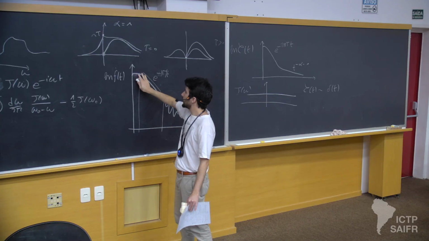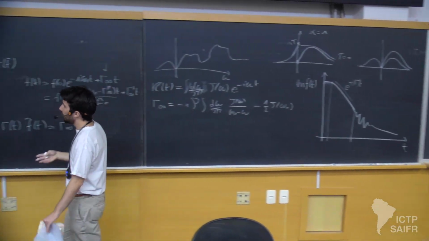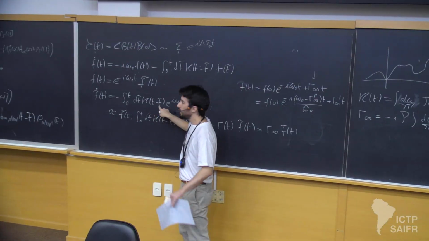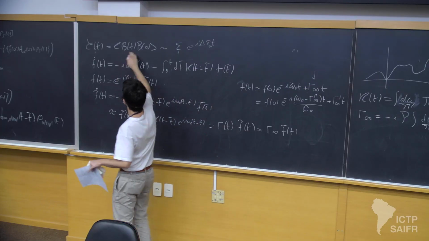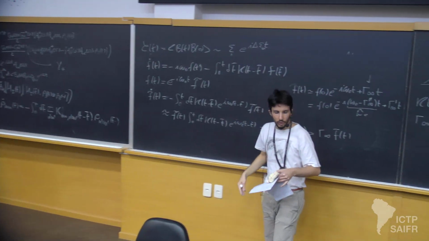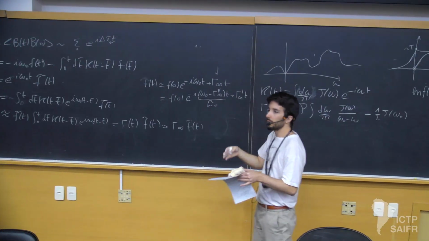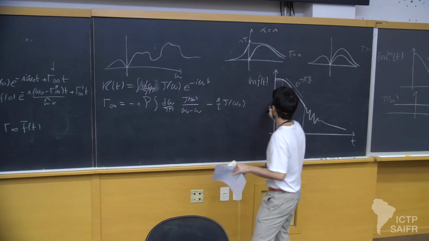This is a weakly non-Markovian effect, in the sense that at very early times this correlation function has not fully decayed yet, so the system doesn't see the full version of the bath dynamics and relaxes more slowly.